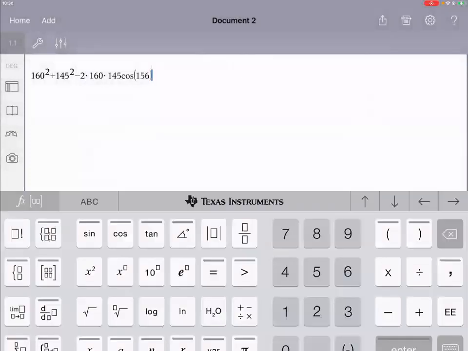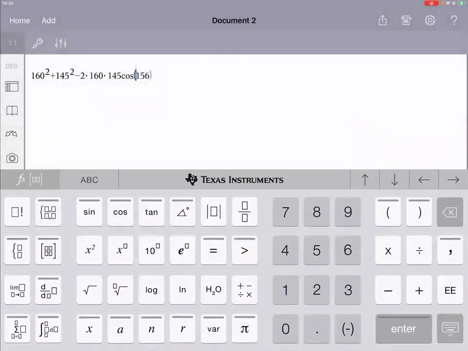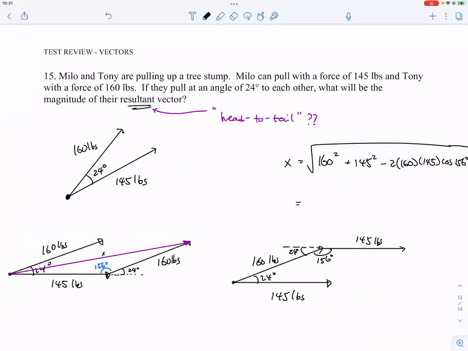Then I add a multiplication sign right here, and that's the one that's squared, so I need to take the square root, raised to the 1/2 power. So the magnitude is 298.351 pounds.